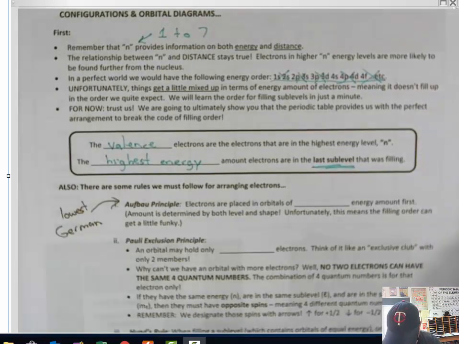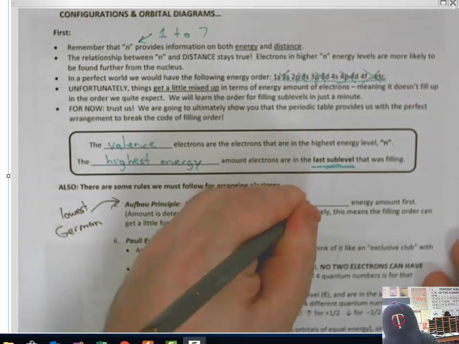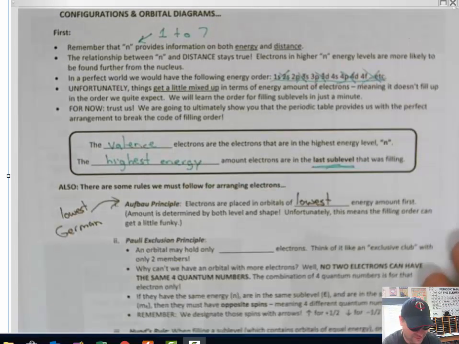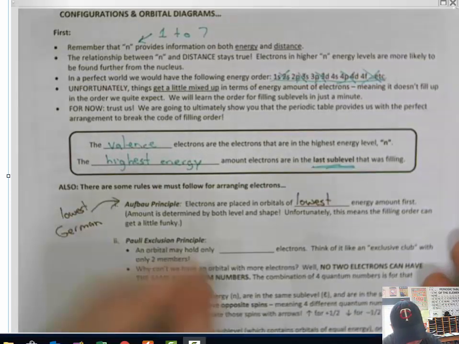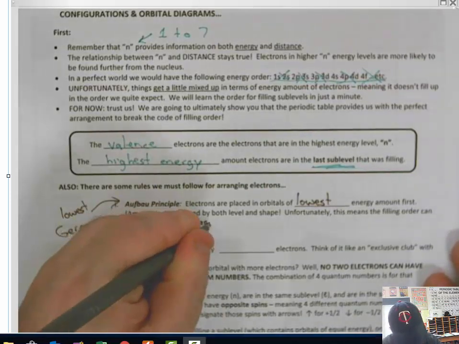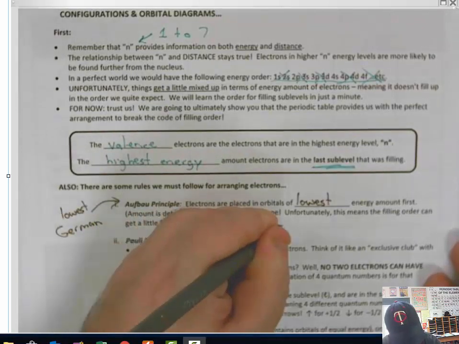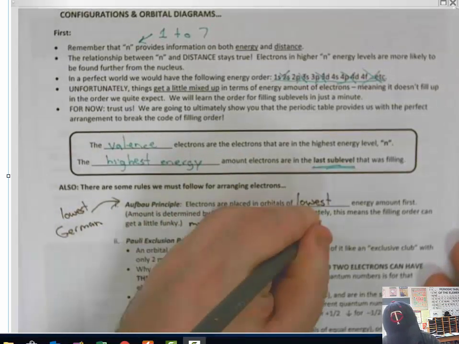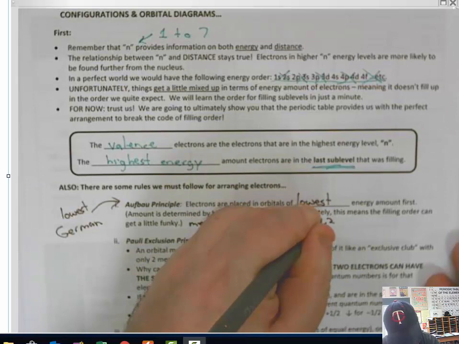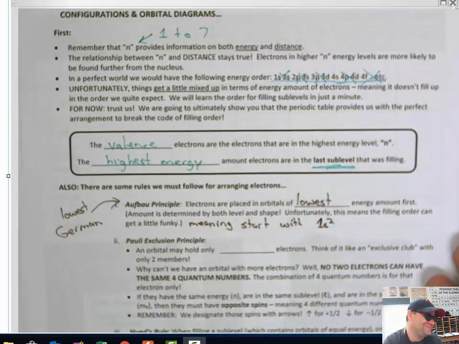So electrons are put in the lowest amount of energy first. Meaning, start with 1s2. And then when you're going to end, that's going to be the highest energy.